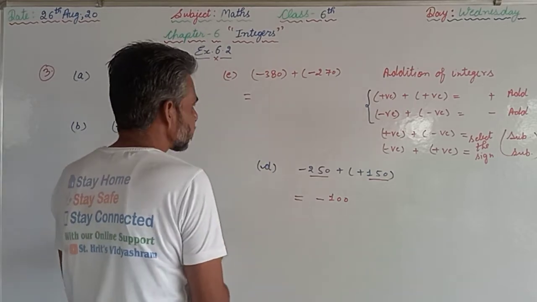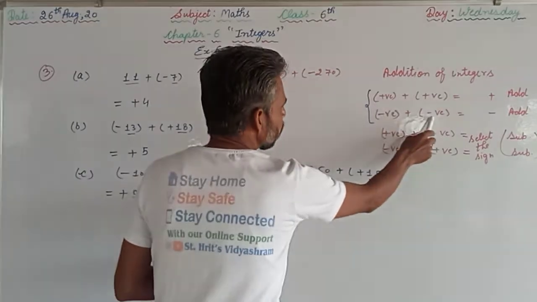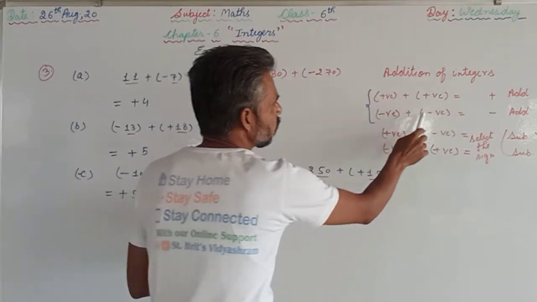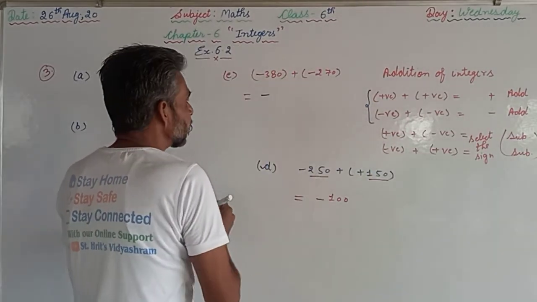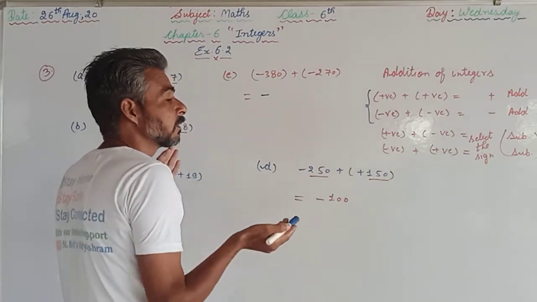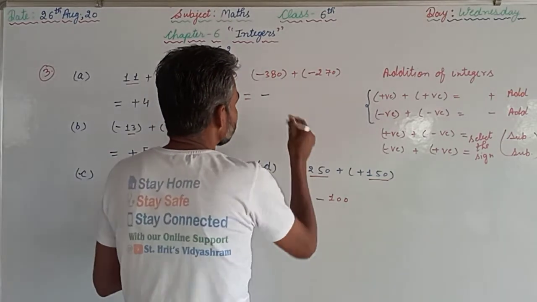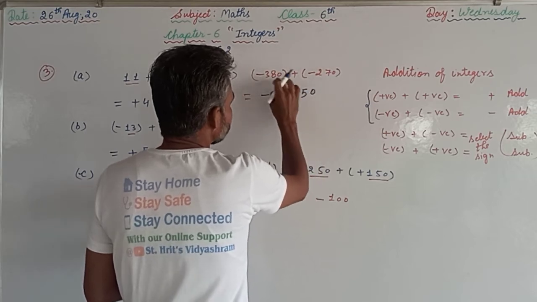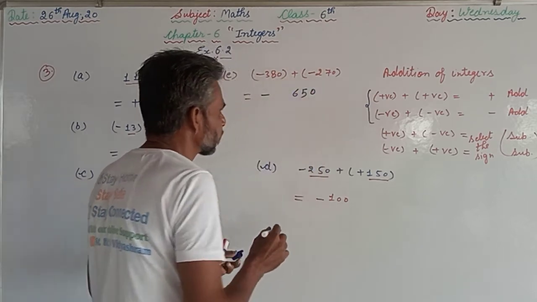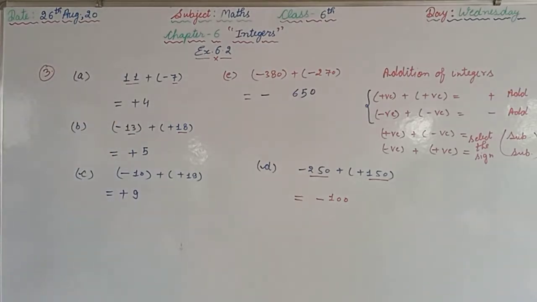So this case is the second one, both are negative, so the negative sign will be there, and here we are not supposed to subtract because both are like sign, we are supposed to add. So 0 plus 0, 0, 8 plus 7, 15, 5, 1, 3, 2, 5, 1, 6, minus 650 will be the answer. So like this we are supposed to proceed this question.